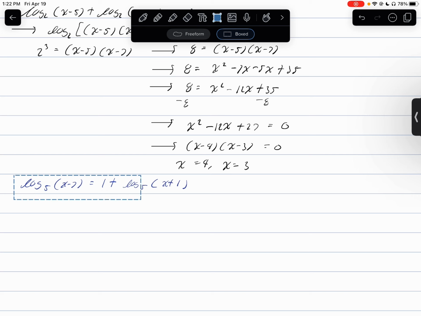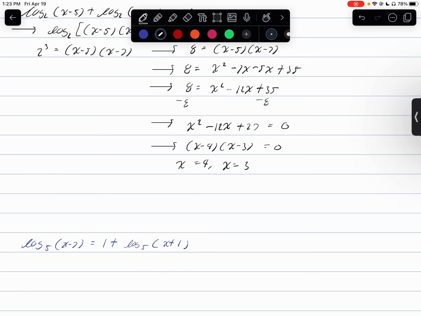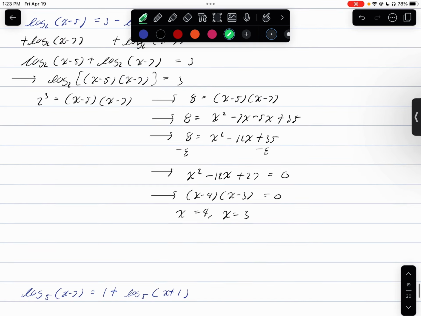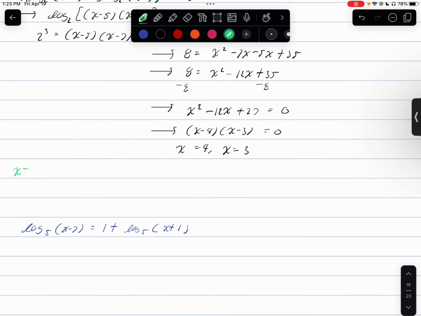So let's see if one or both or neither of these solutions will work. Really what we need to do is make sure that everything is positive. If we check x equals 9, we need to make sure that x minus 5 is positive and x minus 7 is positive.